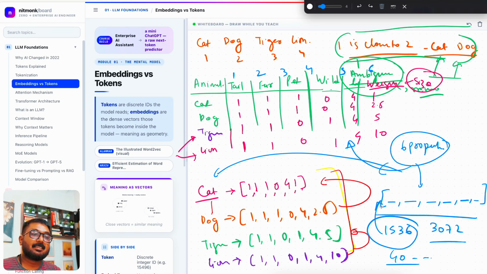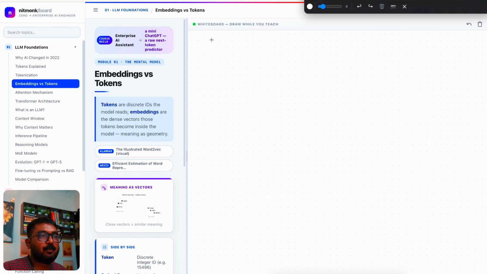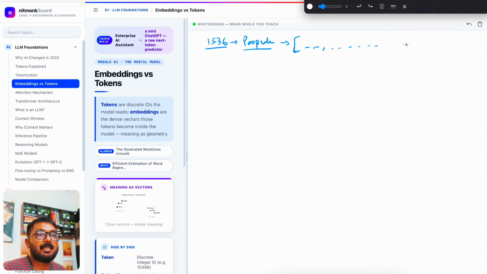So these embeddings are these values, and that is the kind of embeddings that they create. These are called embeddings. Now, if I clean this up and start a fresh one, we understood there are 1536 properties available, right? And all these properties are mentioned like this, 1536 times, correct?